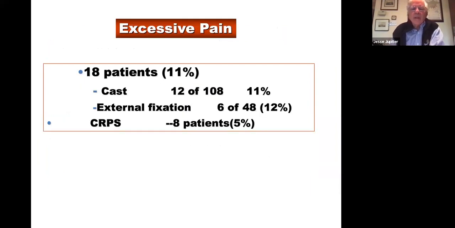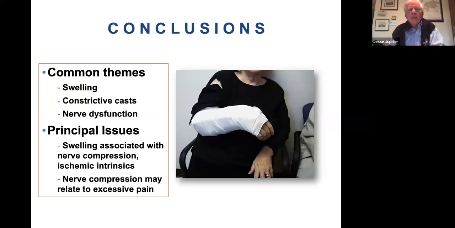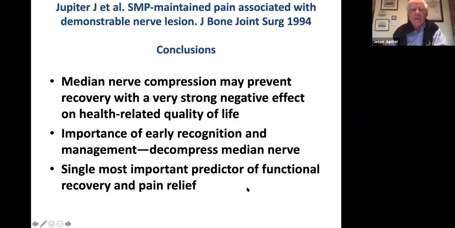Those patients with excessive pain, if it's unresolved, will likely have a higher chance of getting complex regional pain syndrome. So my recommendation is, if a patient has pain out of proportion, do all the normal things: take the cast off, get the wrist out in neutral, but avoid this kind of problem. If they still have the pain, go and release the median nerve.